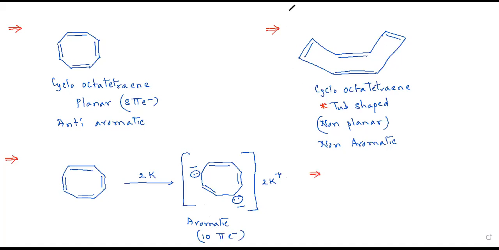Look at this. These are the different types of species. See, when this is treated with SbF5, in this Sb is in +5 state. Now look at what happens when this is treated.